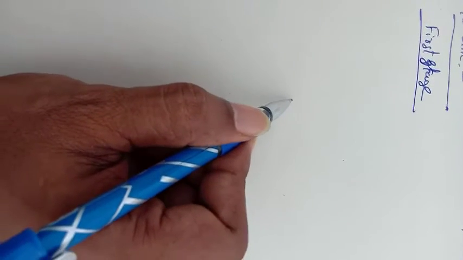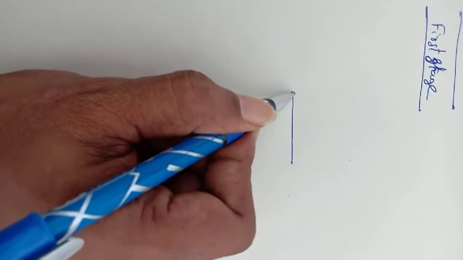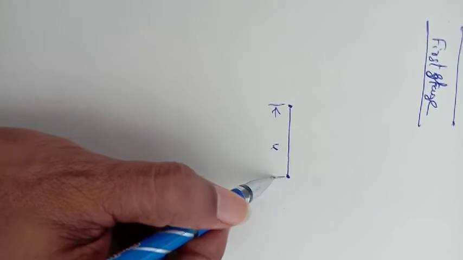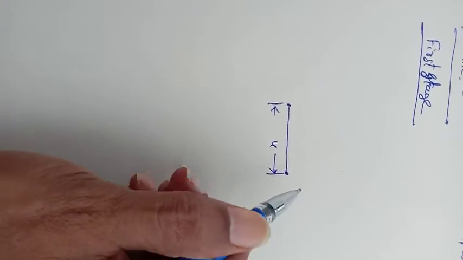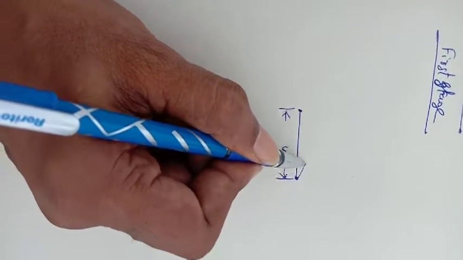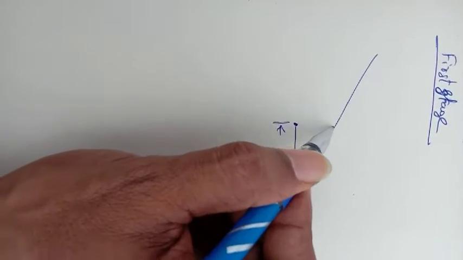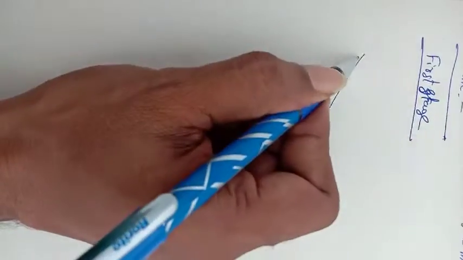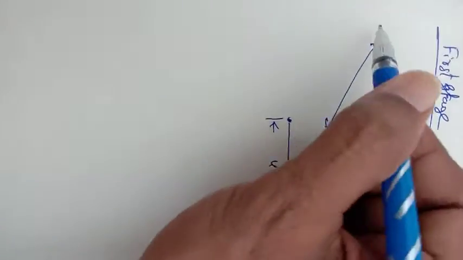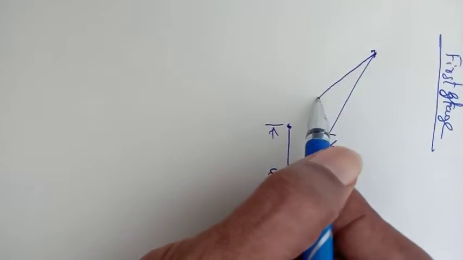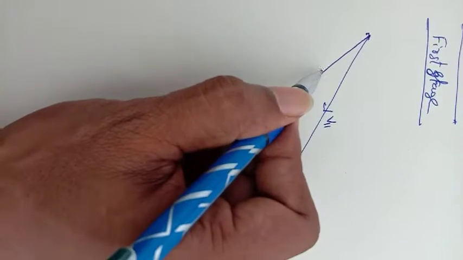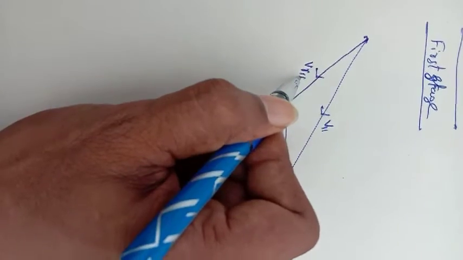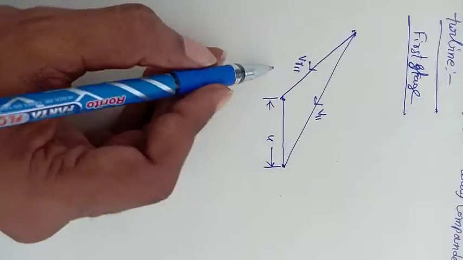As usual we take this as U. Now the velocity is going like this. This is coming from the first stage. I put it here V1. We join these two lines. This is the inlet real velocity, which we can put as VR1 for the first stage.